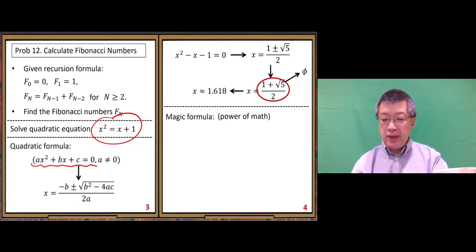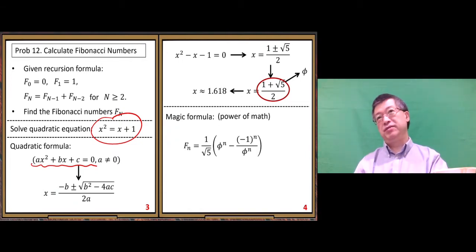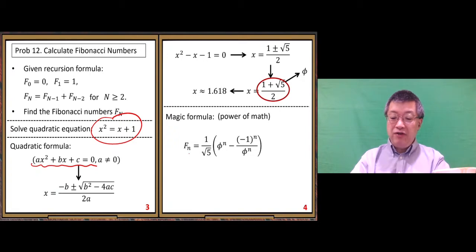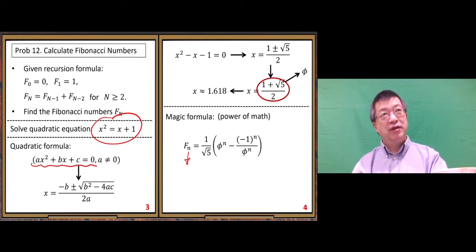First, let me just give you the formula. So here you can see the general Fibonacci f of n, for any non-negative integer n, so even 0 is okay.